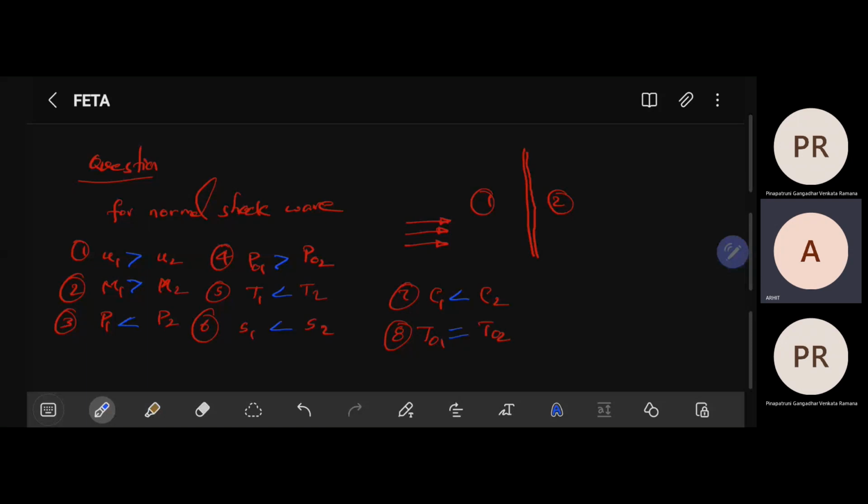There was a graph plotted by the professor, and he showed how velocity decreases sharply or instantaneously across a normal shock, and the Mach number also decreases across a normal shock. The reason I am not able to recall, sir, I haven't searched it further. Why is it like that?